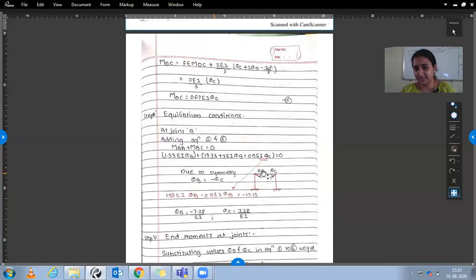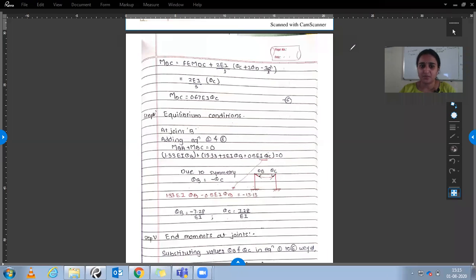So you can see here that the rotation of the beam at joint B is in the clockwise direction, and at C it is in the anticlockwise direction. That means both values are equal but of opposite nature.